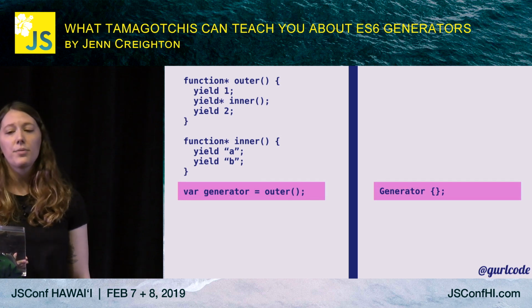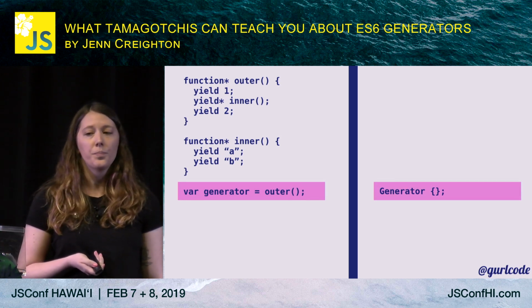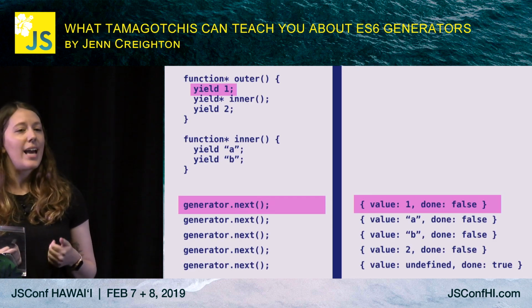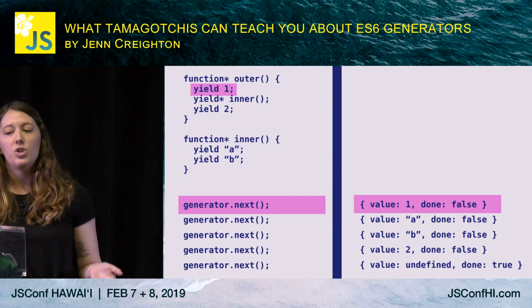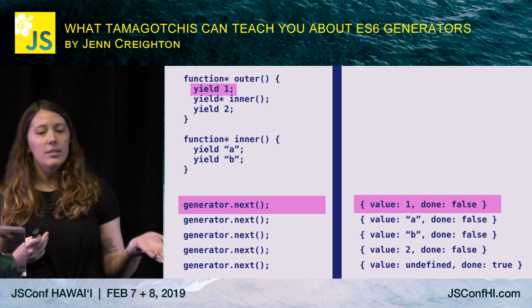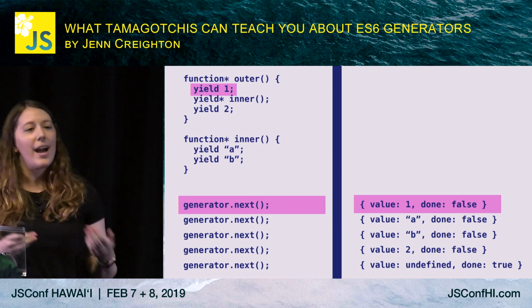So same as before, we're going to call outer, and that's going to return to us the generator object. So the first time we call next, what we expect to happen, happens. The generator runs until it encounters a yield statement. So this runs, encounters yield, and the value to the right, 1, is passed back as the value.